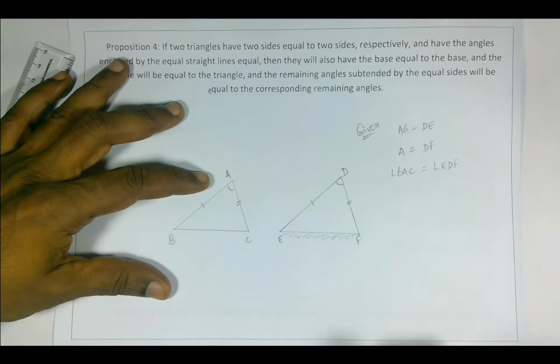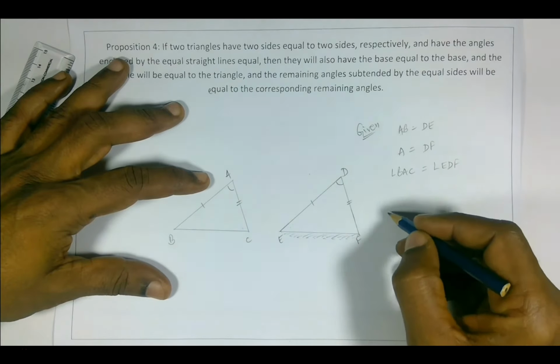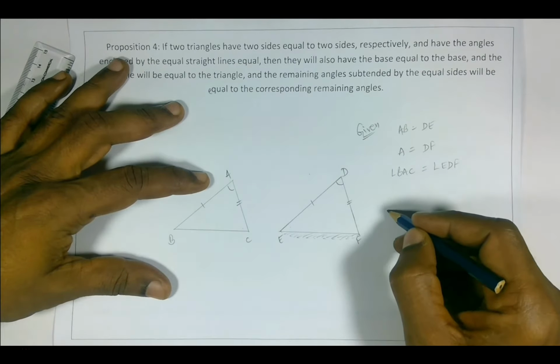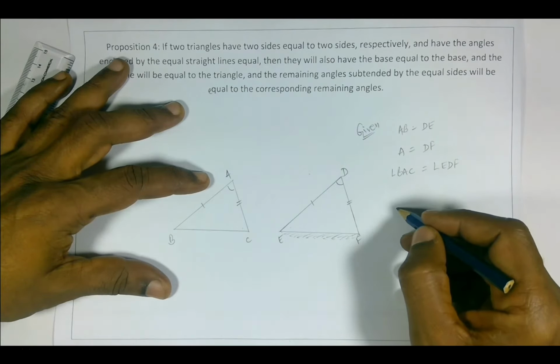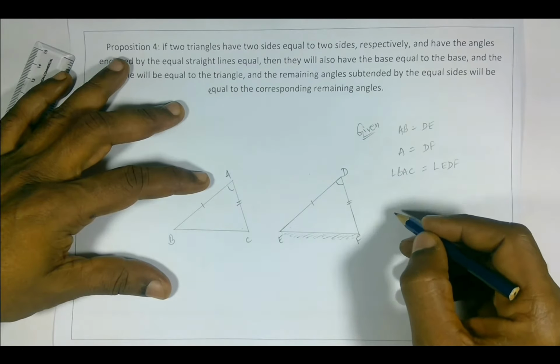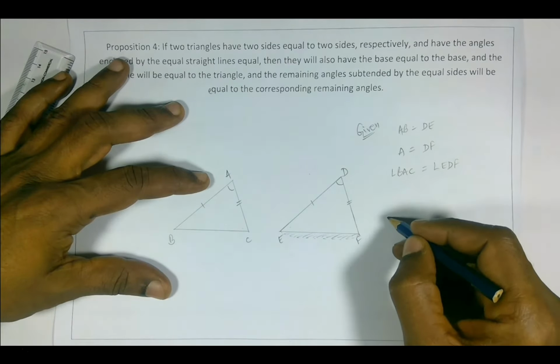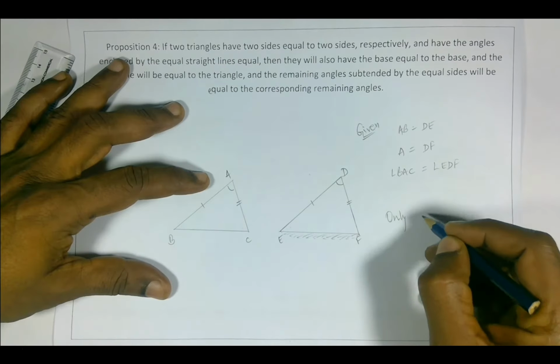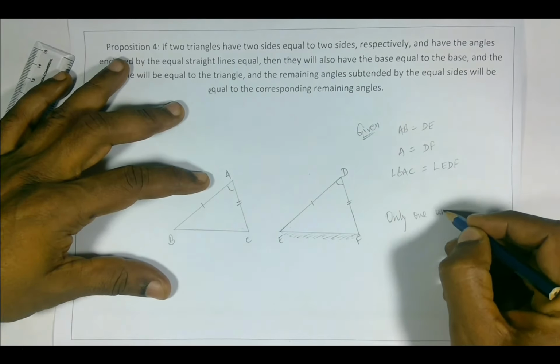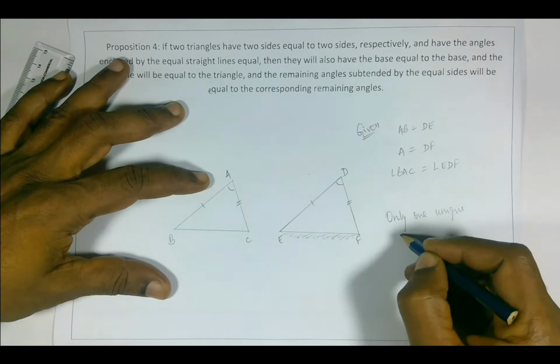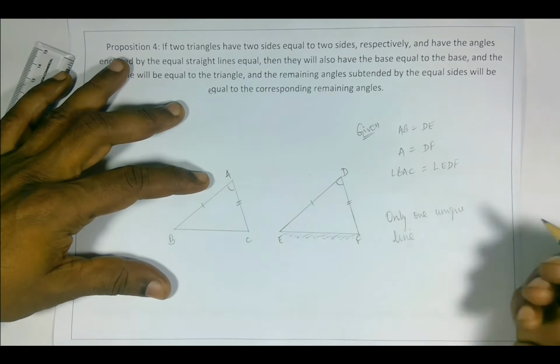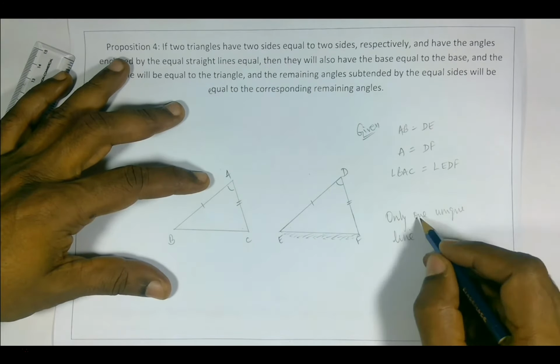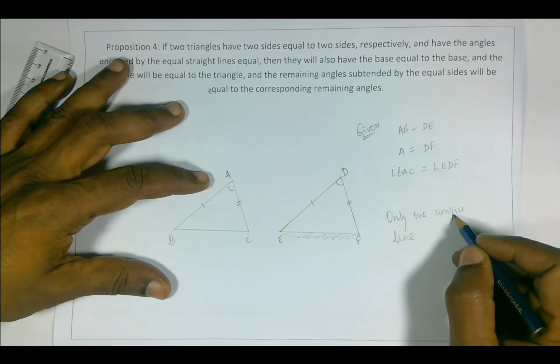Remember one of the axioms? What does it say? It says you can have only a single unique line between 2 points, right? So you can have only one unique line. One and unique both mean the same thing.